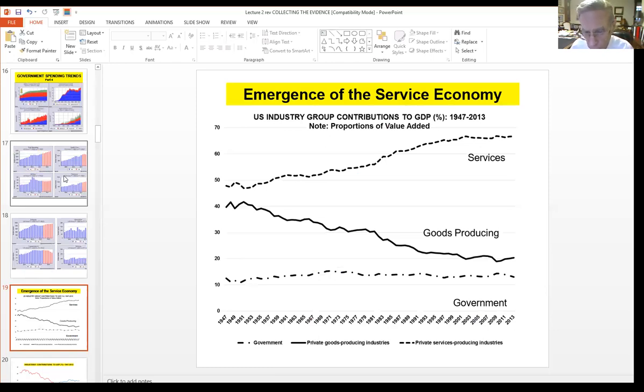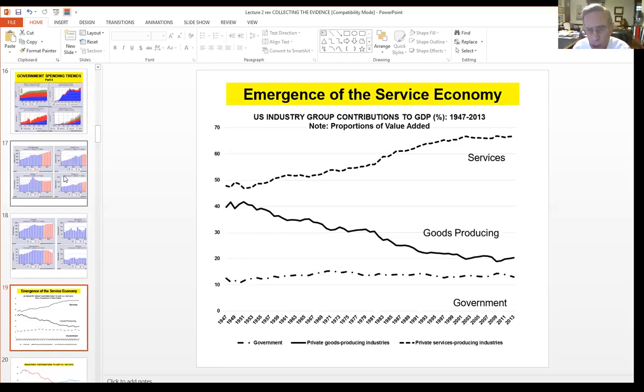Services have been kind of where the action is. Government spending has come up a little bit, but it's sort of stayed in that plateau that we talked about earlier. It's come up recently to almost 20%. In this chart, I think it gets up to something like 17 or 18%. And we saw that in the pie charts earlier.